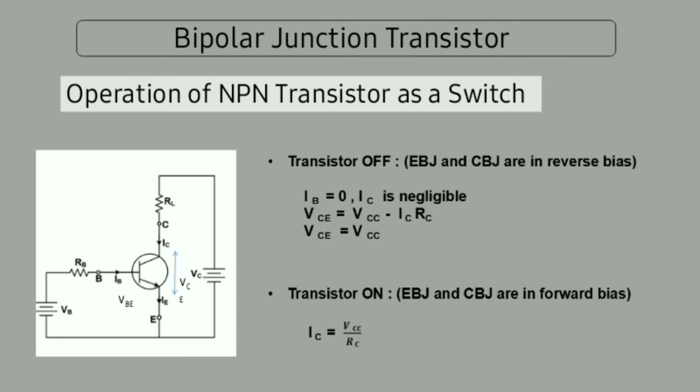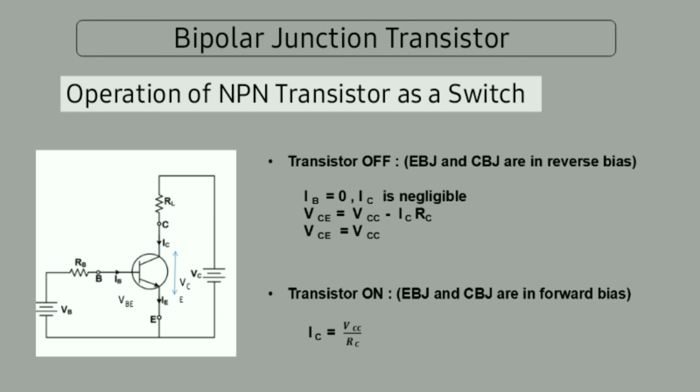Therefore, VCE is equal to VCC minus IC into RC. This is obtained from Kirchhoff's voltage law. Therefore, VCE will be equal to VCC, since IC is very small. So, a very large voltage drop exists when IC equals 0. That condition we can call the transistor off condition.